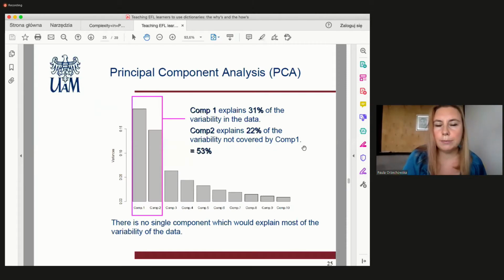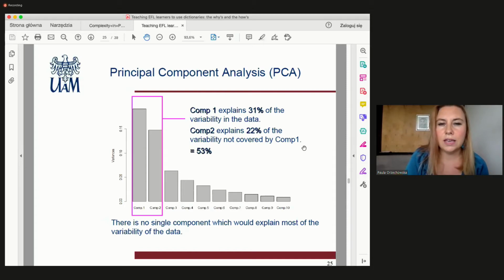So this is a scree plot, again, only for English onsets. We can see only the initial 10 components, but generally the PCA is created in a way to maximize the importance of the first component. So basically the first component explains the largest variability in the data.